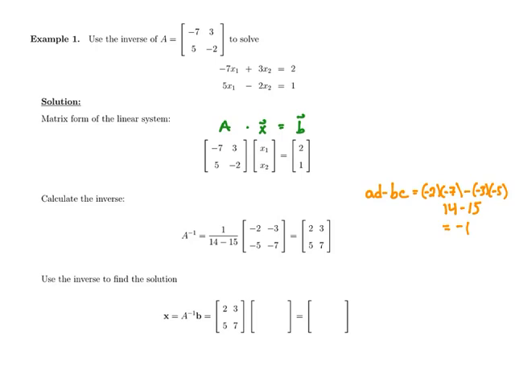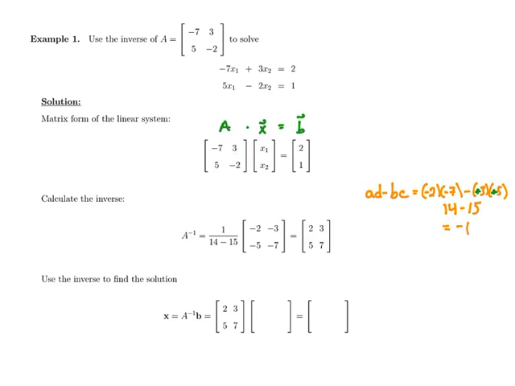We have this 1 over 14 minus 15 in the expression here. And then the matrix negative 2 and negative 7 switch spots, and we take the negative of the 3 and the 5 and get negative 3, negative 5. Note that when we found AD minus BC, this should have been plus 3 and plus 5 as we're taking it from the original matrix.